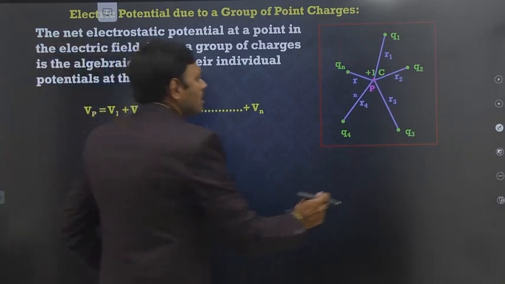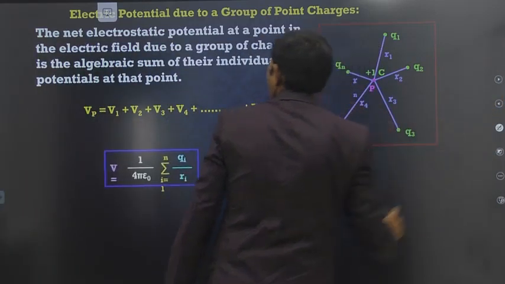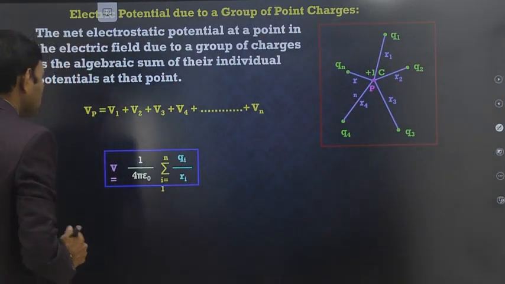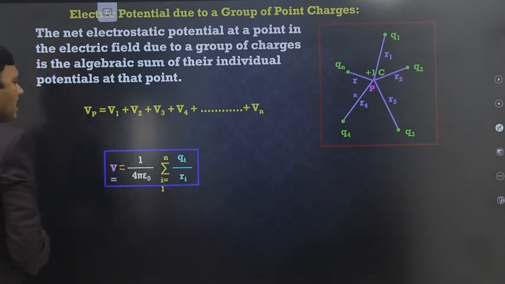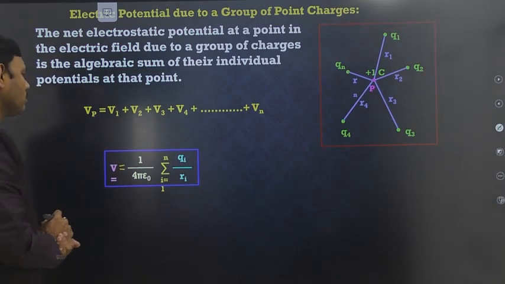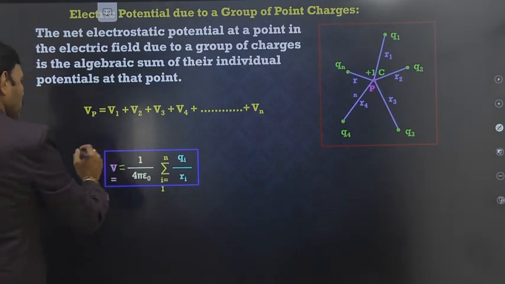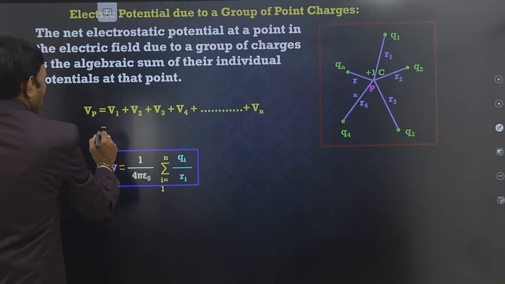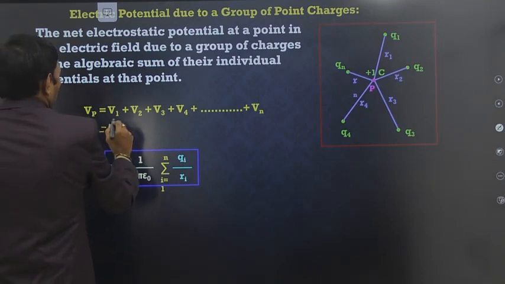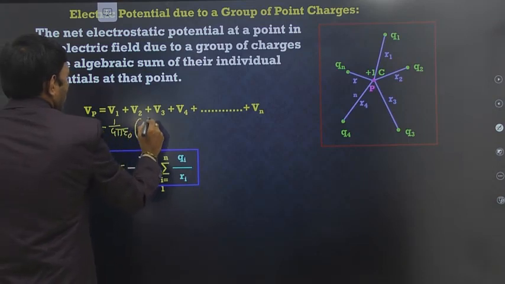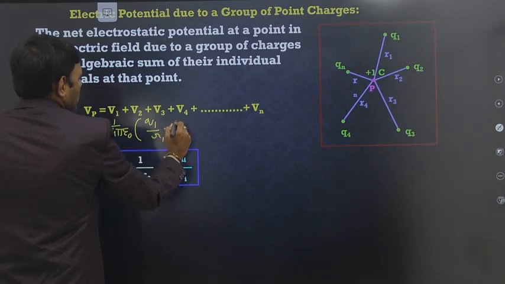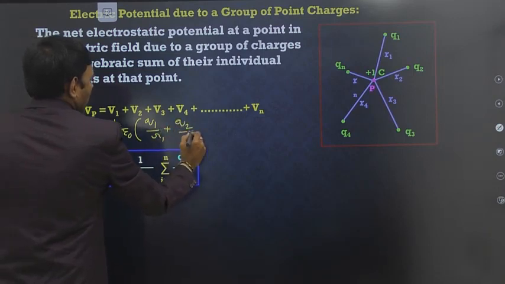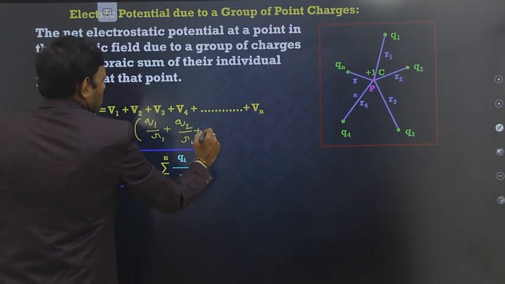From this we get the total potential: V is equal to 1 by 4 pi epsilon naught, sigma i equal to 1 to n, Qi by ri. So we can write this as simply 1 by 4 pi epsilon naught times: V1 means Q1 by r1, as Q2 is at r2 distance, Q2 by r2, and so on.